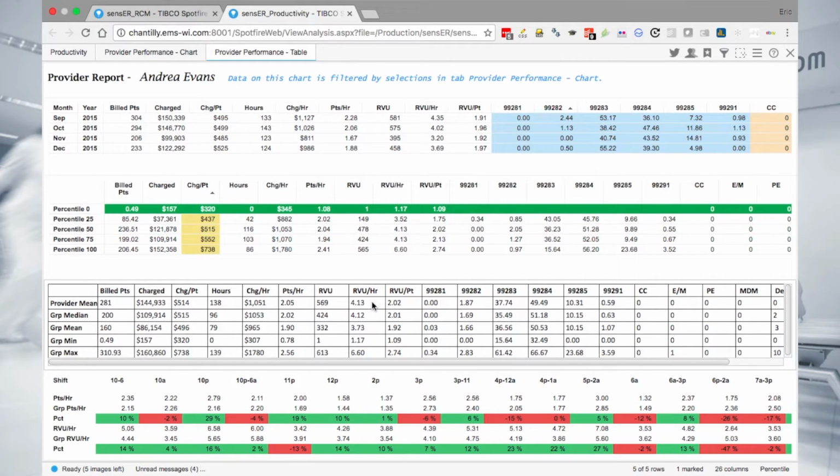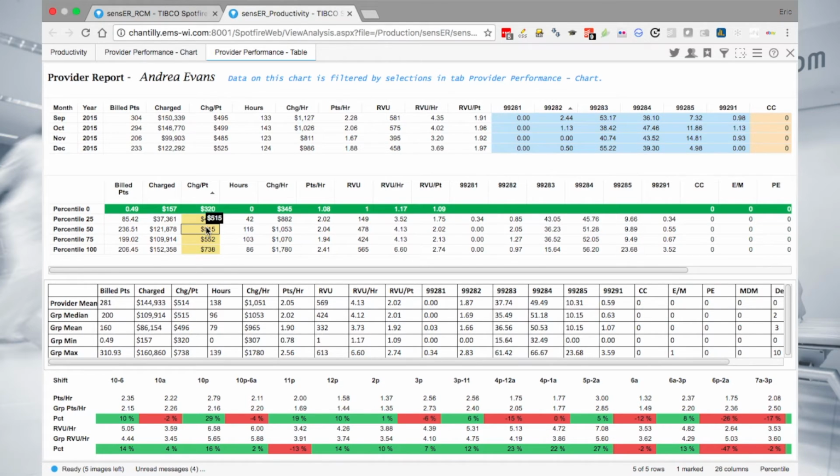The middle table here is designed to have a basis of comparison for particular providers. So we use the charge per patient column to sort through providers that are at the 0th, 25th, 50th, and 75th percentile of performance for charge per patient. And for those particular providers, we provide other metrics as well.